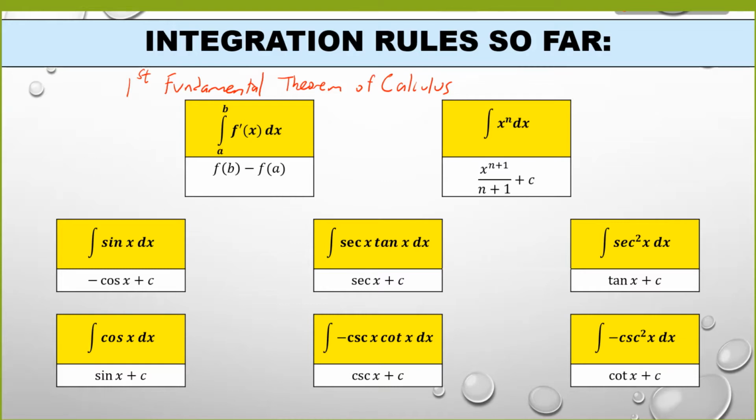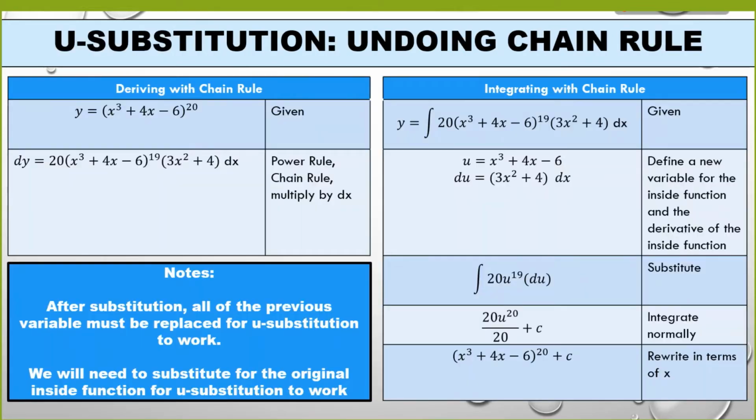Okay, and jumping into new stuff. When we derived with chain rule, we took any inside function that we had and treated it as a separate function. Right now I've got some function, all of this inside part, raised to the 20th power.